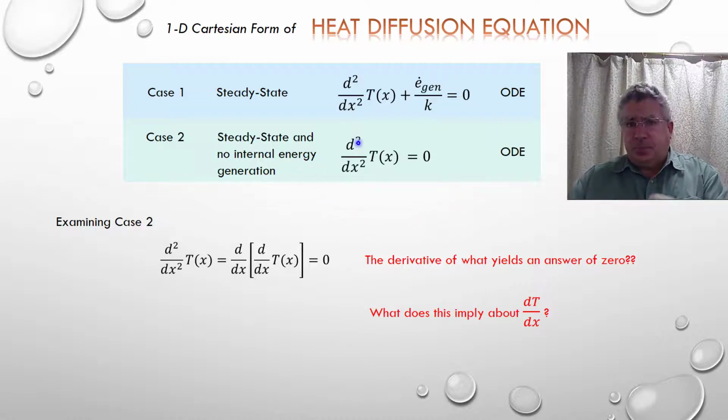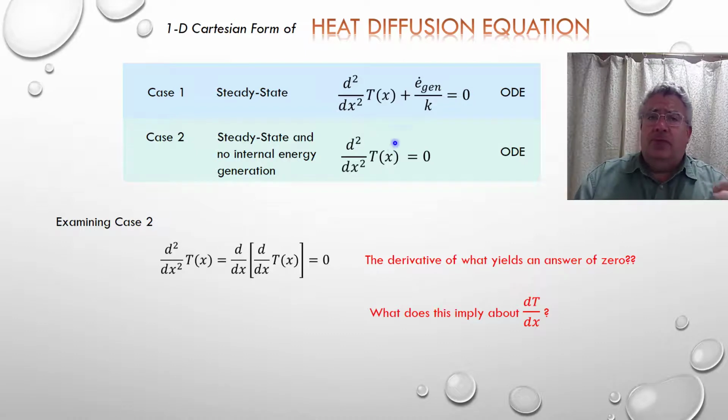Now, that might look familiar, but let's do a little bit more with it. We have the second spatial derivative, but let's rewrite what the second spatial derivative actually is. You have a function T as a function of x, take the first derivative of it, and then take the derivative of that. So what we're saying here is that the derivative of some quantity is going to equal 0.